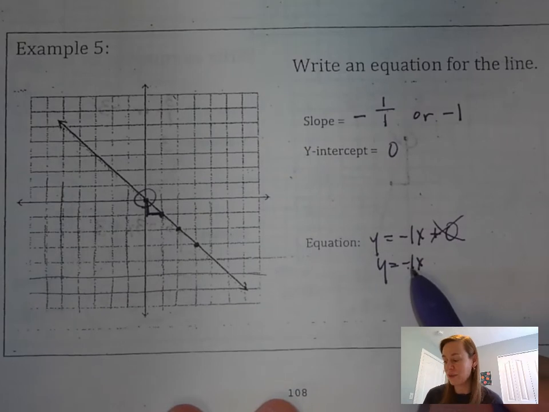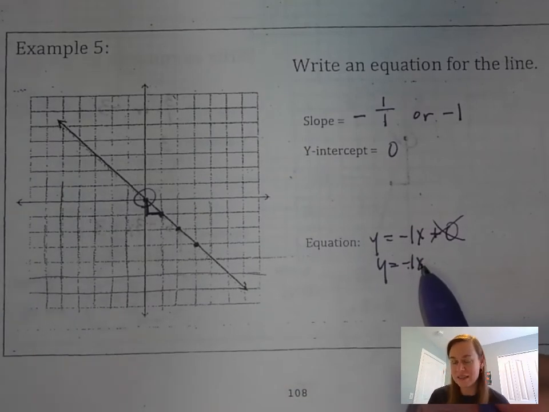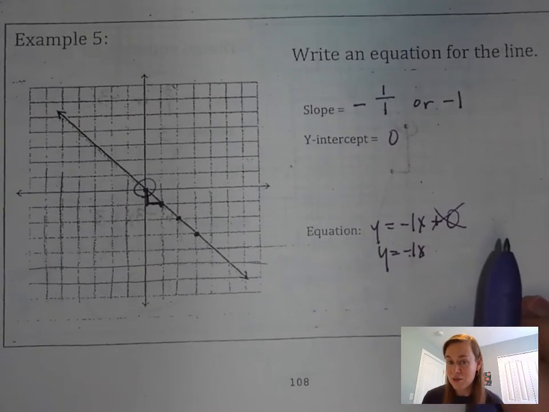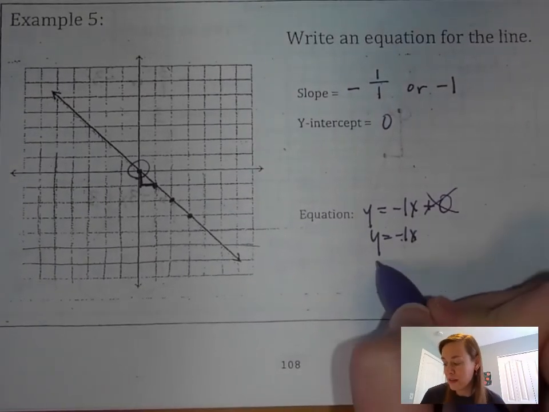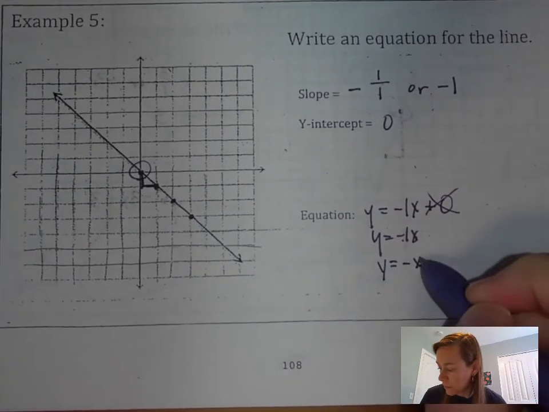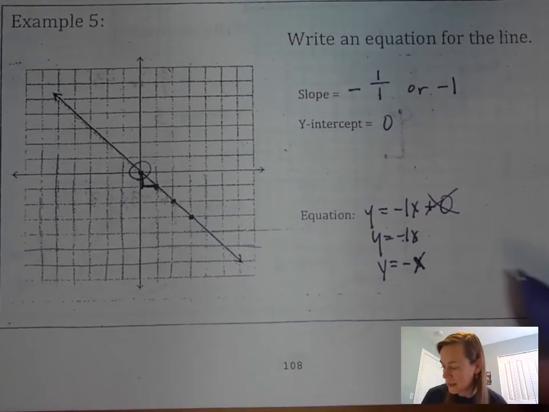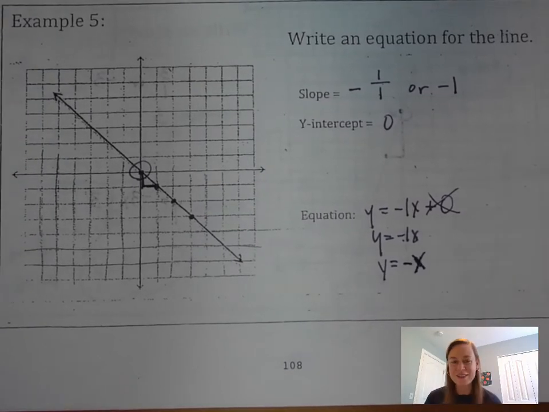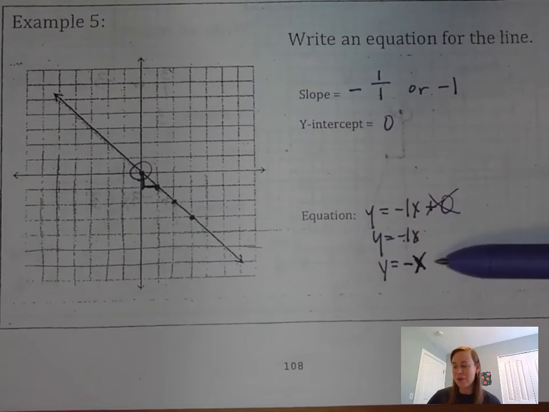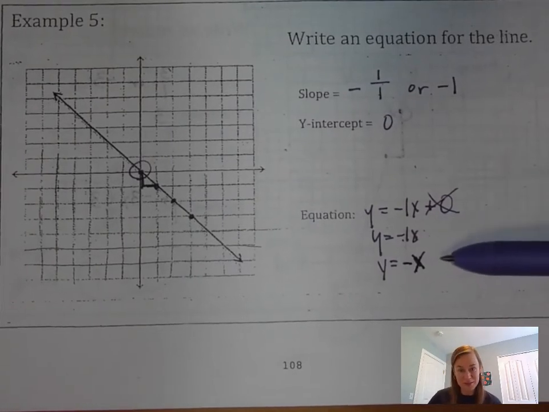Now, does the negative 1 actually change what the x is? Well, the negative part does. The 1 doesn't. So you could actually drop the 1 and keep the negative and write y equals negative x. Well, this is just getting messy. Sorry about that. Y equals negative x. So both of these are correct, but you're going to see this one the most.